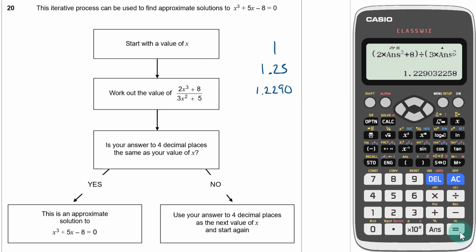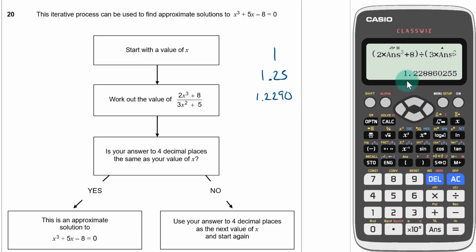I just need to press the equals key again, and it will feed that next number back in. Now I've got 1.2289. Is my answer to 4 decimal places the same? No, it's still different, so I'm going to press equals again.